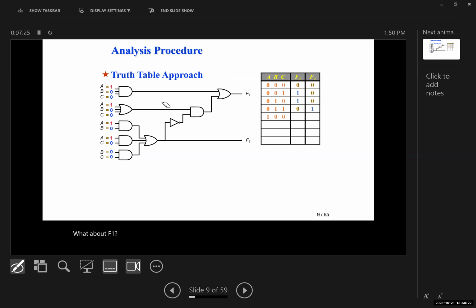Perfect. F2? Perfect. Remind me to give you an extra point. Just looking at it, you can. F1 is 1, F2 is 0. What about the next one? 1, 0, 1.